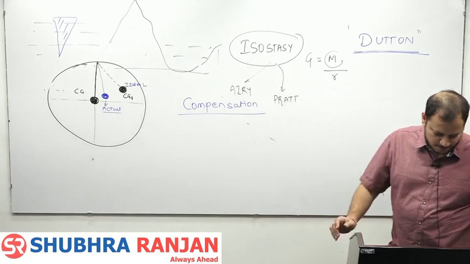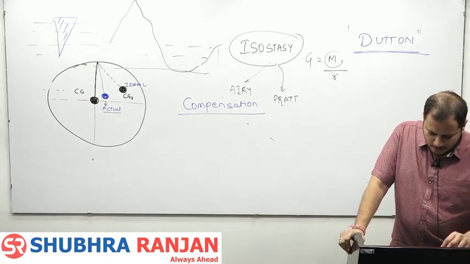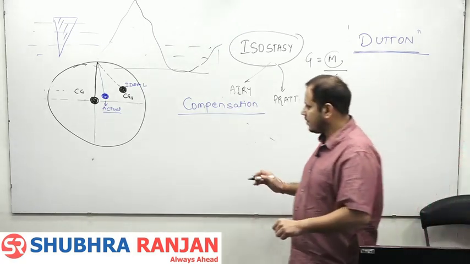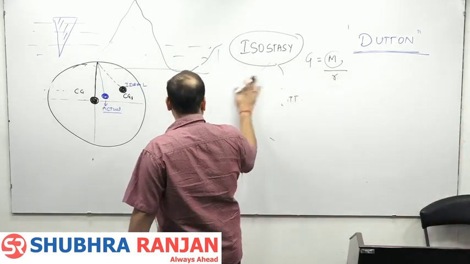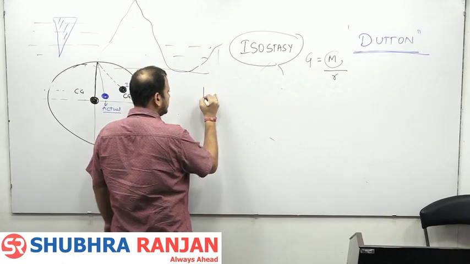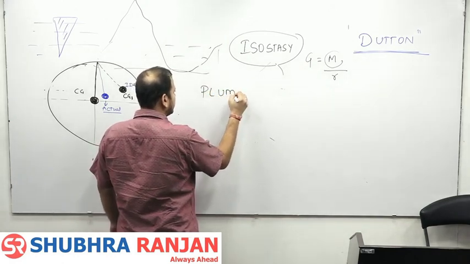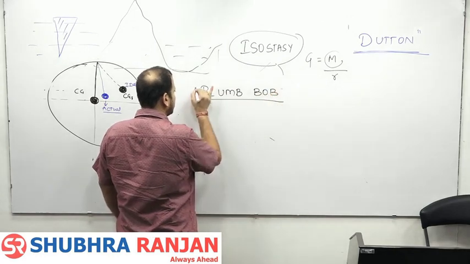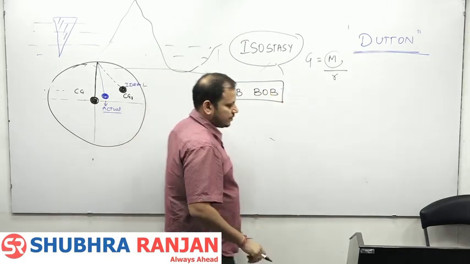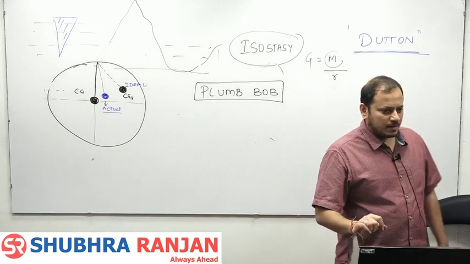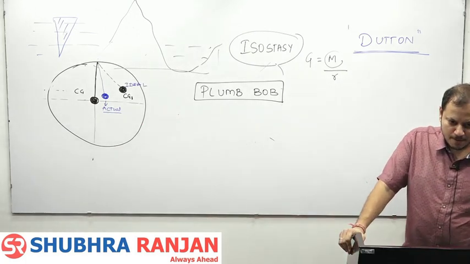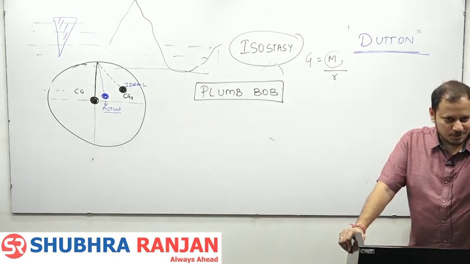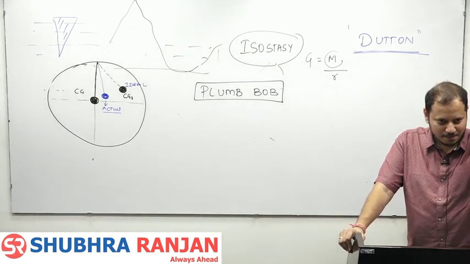And because of the gravitational force, they influence plumb bob. जो इंस्ट्रूमेंट का नाम मैं कह रहा था, that is the plumb bob.